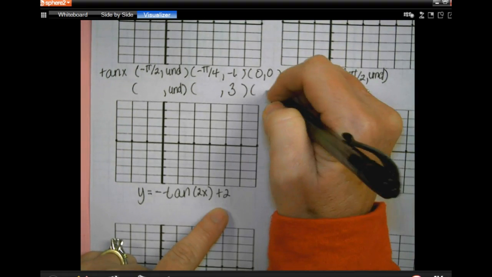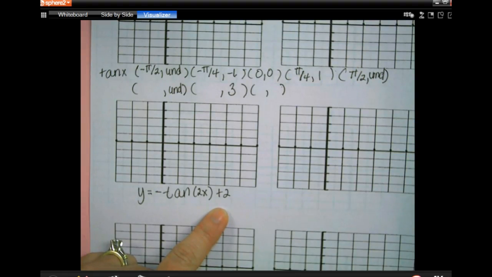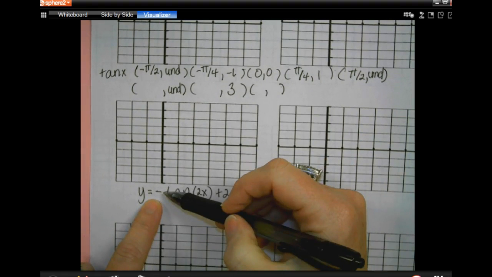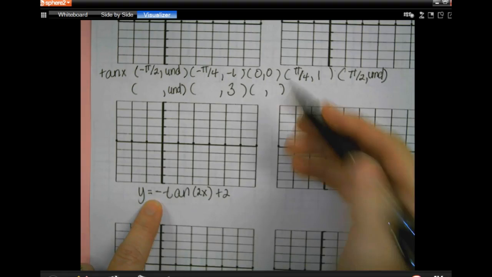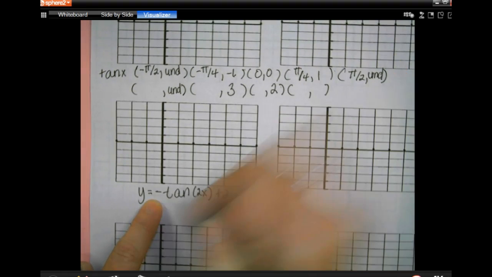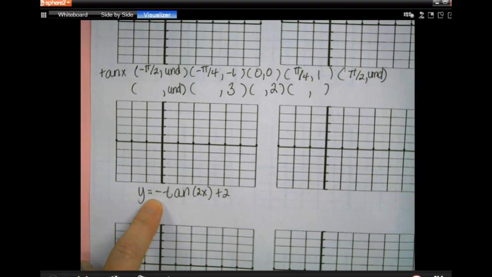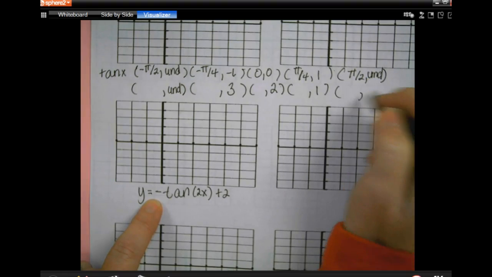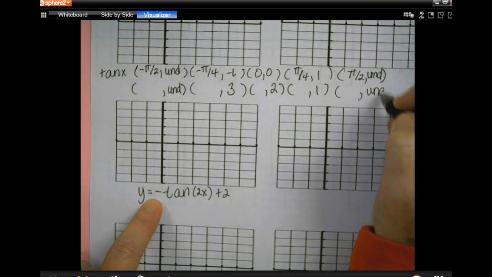So the 2 isn't affected? No, that's the x. I'm in the y. So 0 times negative 1 is 0, plus 2, is 2. 1 times negative 1 plus 2 is 1. And undefined times all that stuff is still undefined.